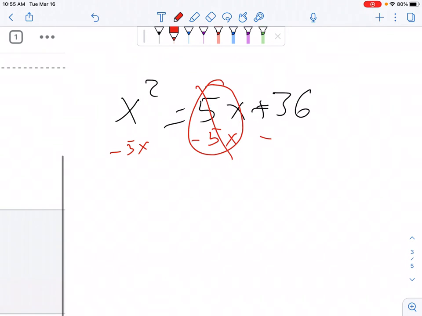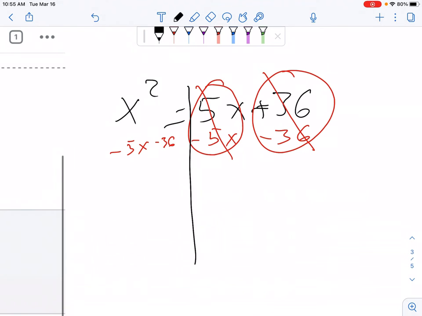I also am going to subtract 36 from both sides to get this to equal 0. Right? So when I do that, I'm left with x squared minus 5x minus 36 equals 0.